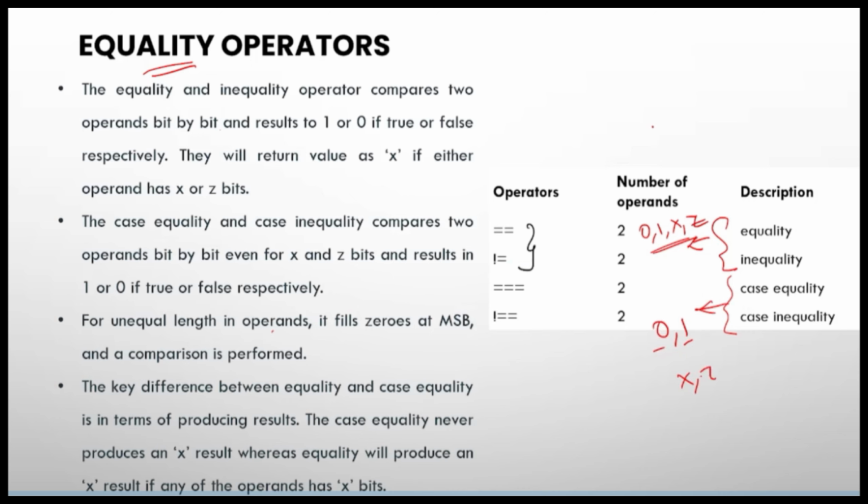You don't have x or z outputs in case equality, because even when there are x and z values, the case equality operator compares the x and z values also, so you will have only 1 and 0 as outputs. I have explained all these operators in detail in my video. You can go check it out.